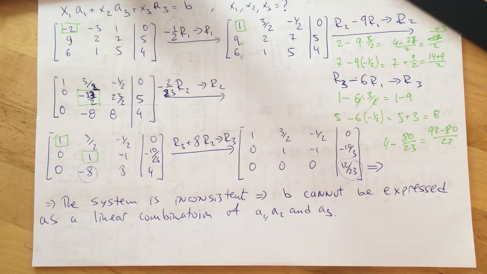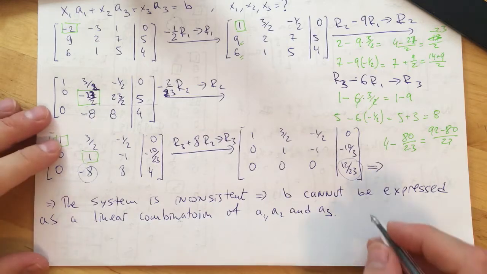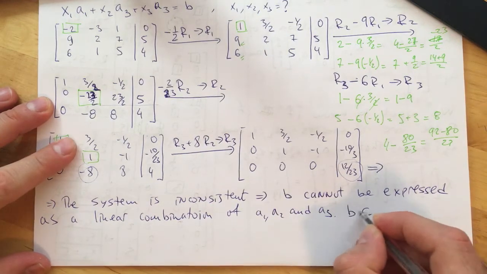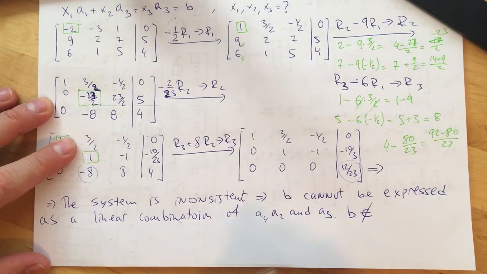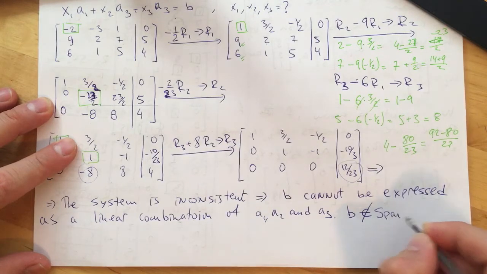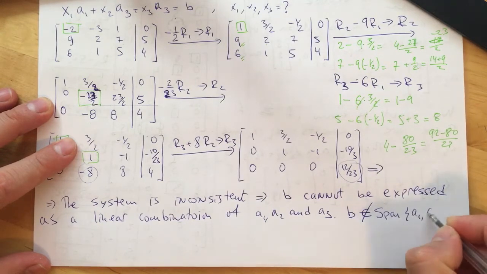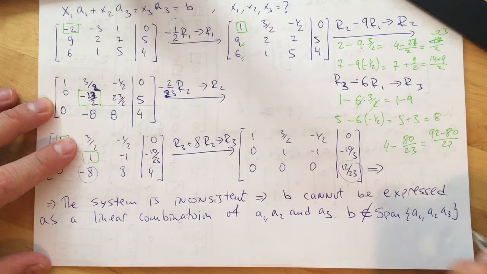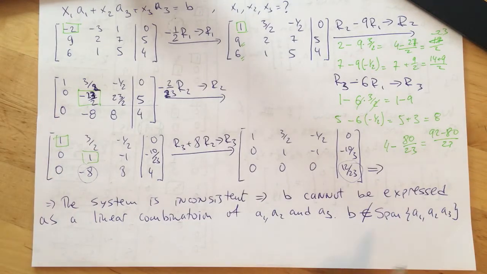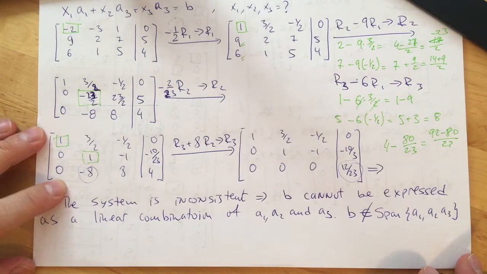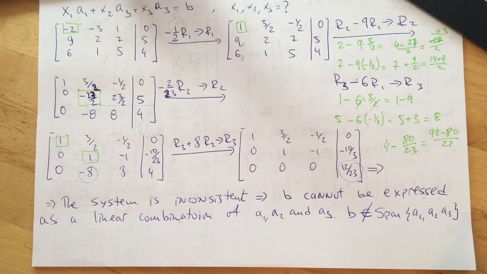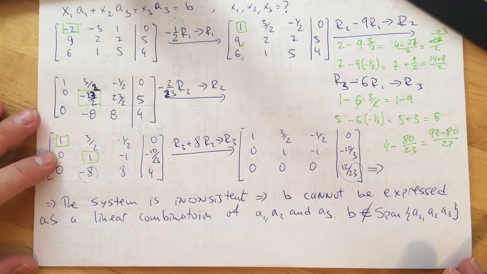Or the same idea, we can just say that b does not belong to the span of a1, a2, and a3. So these three statements are equivalent.